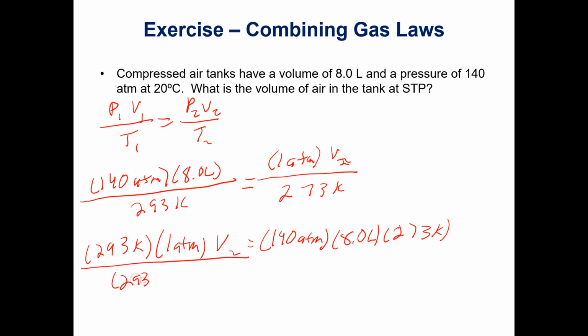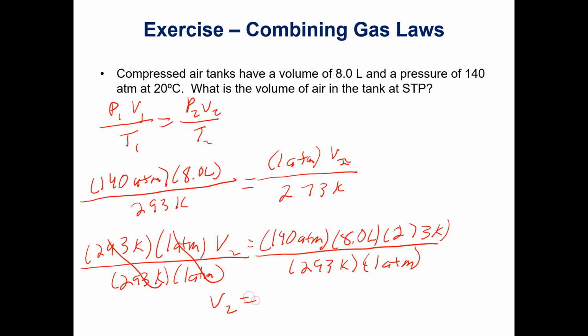And then we divide both sides by 293 Kelvin and 1 atm so that we get V2 by itself.